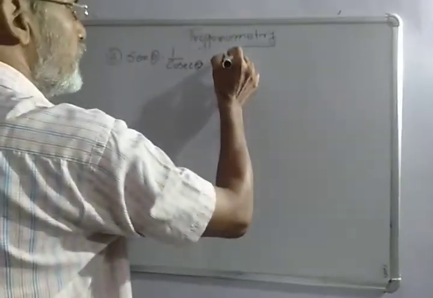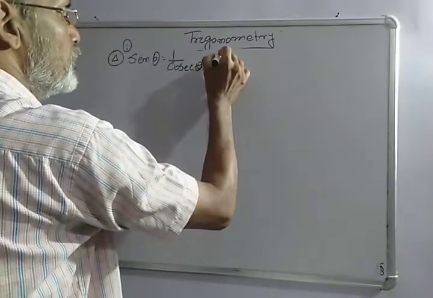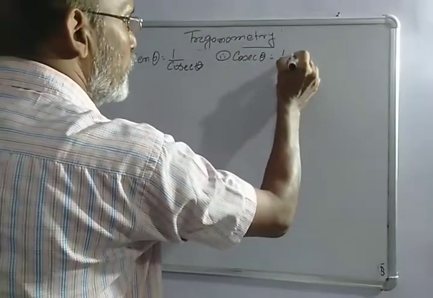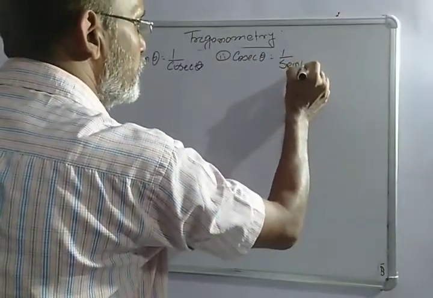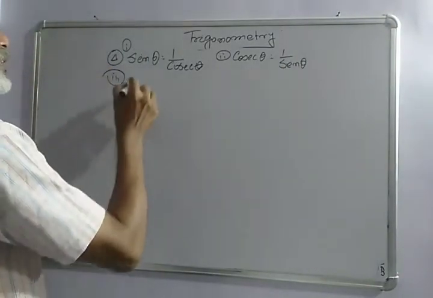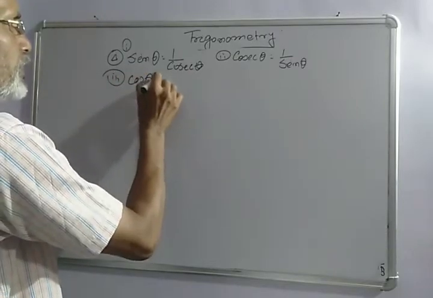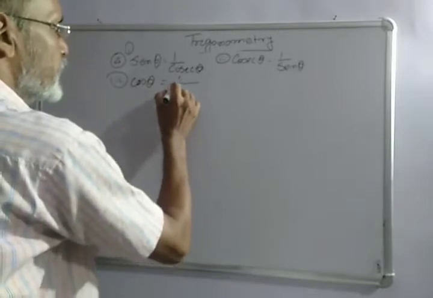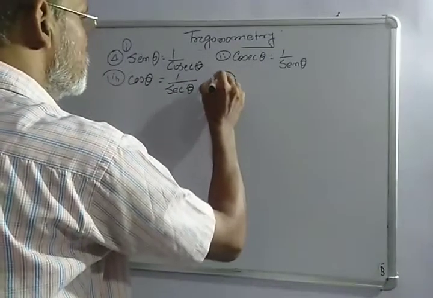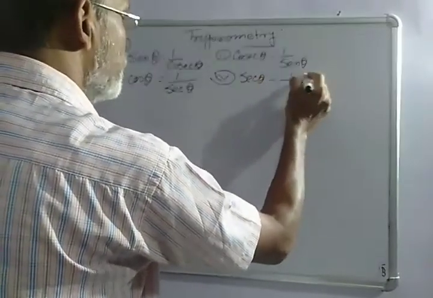Number 2, cosec theta is equal to 1 by sin theta. Number 3, cos theta is equal to 1 by sec theta. Number 4, sec theta is equal to 1 by cos theta.